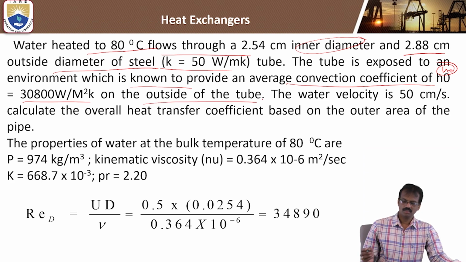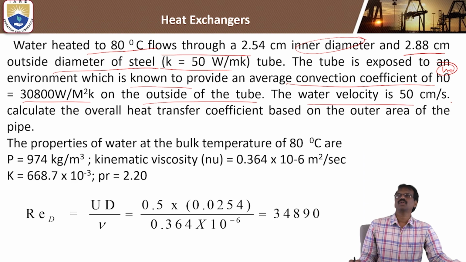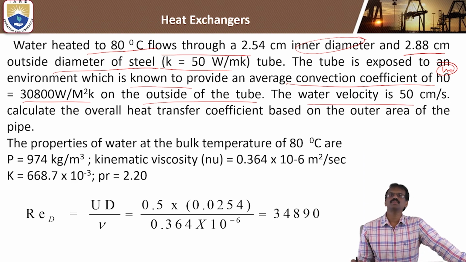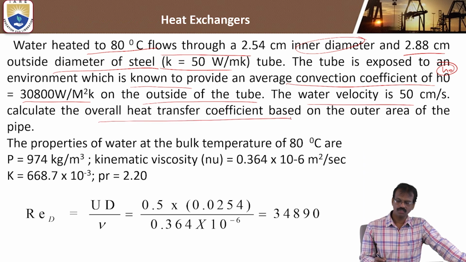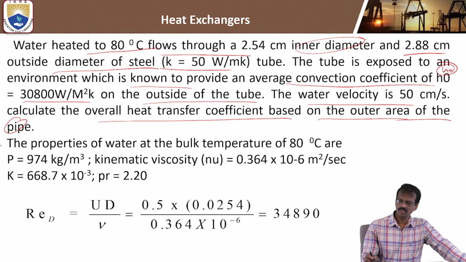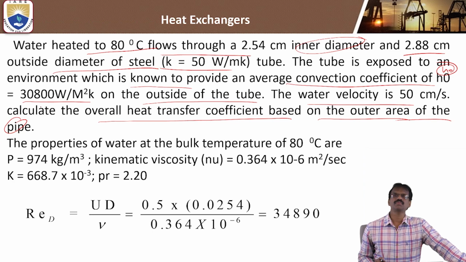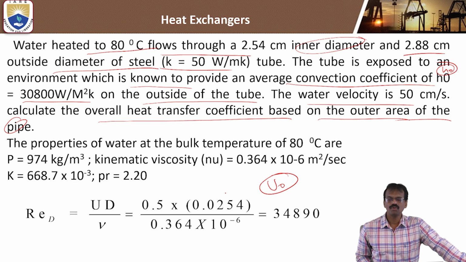The water velocity is also given: 50 centimeter per second. Here we have to calculate the overall heat transfer coefficient based on the outer area of the pipe. This is the H naught, the outer surface heat transfer coefficient, that has been given. So we have to find out U naught, the overall heat transfer coefficient with respect to the outer surface.